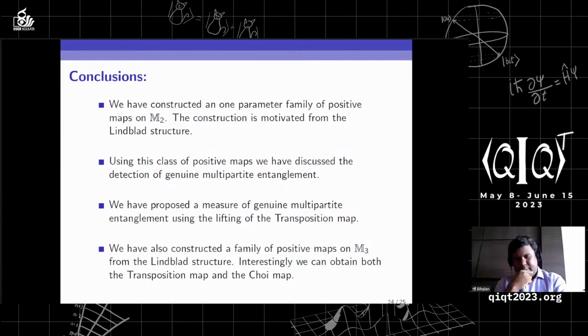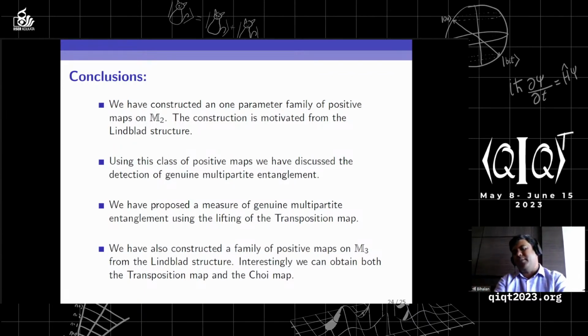Yes. Actually, first of all, let me clarify. We are trying to detect entanglement via positive maps, not operators. By operators as well, we can detect entanglement, but that is basically the entanglement witness. Entanglement witnesses are Hermitian operators which give a non-negative expectation value on all separable states, and provide a negative result if we take the expectation value on some entangled state.